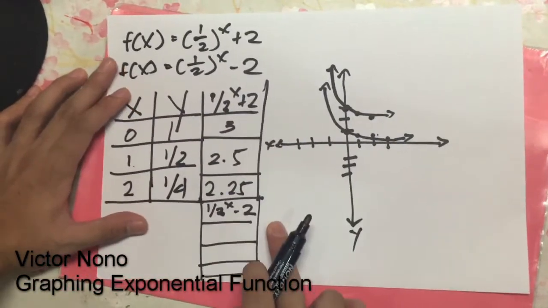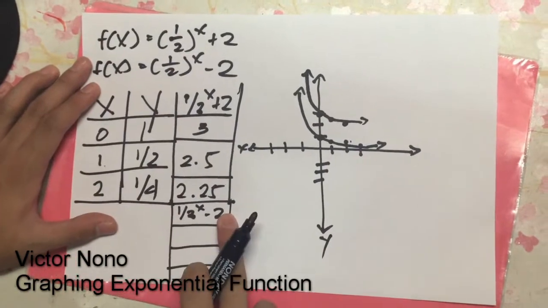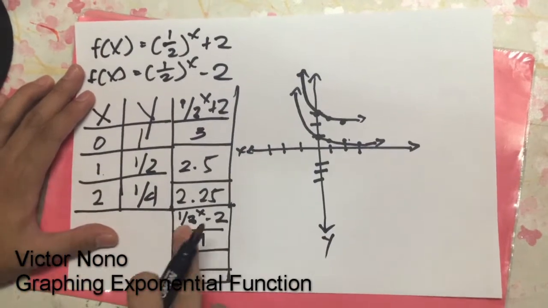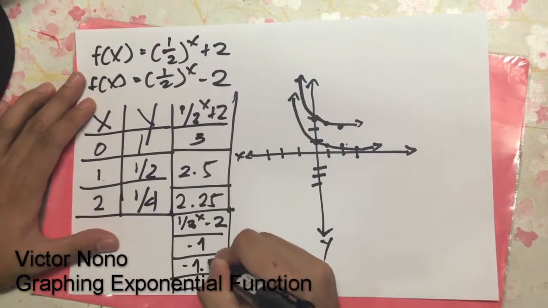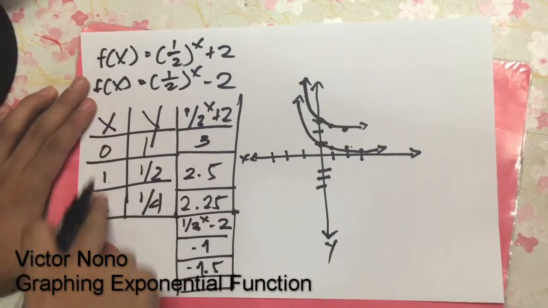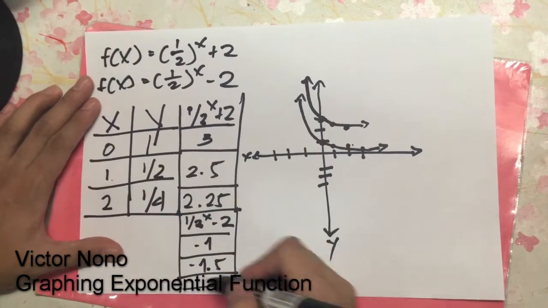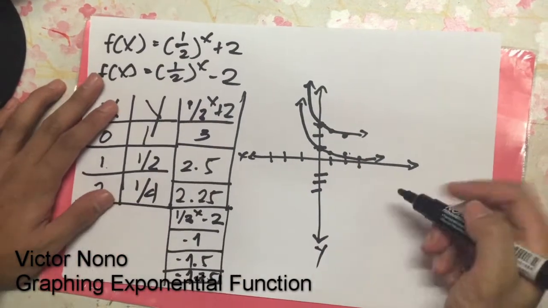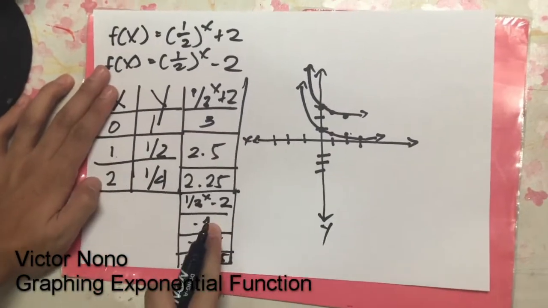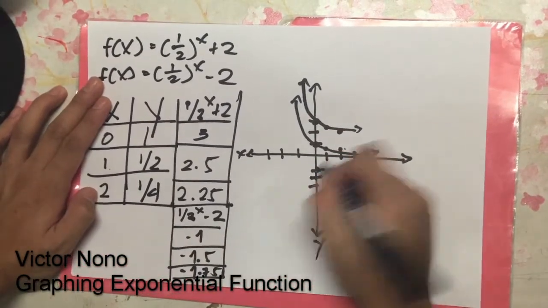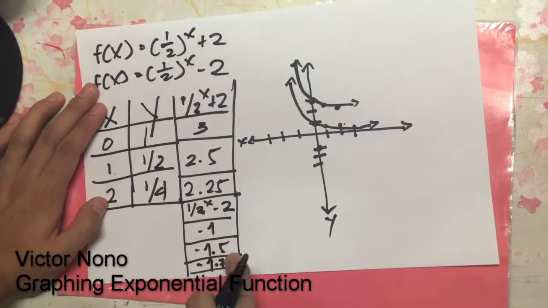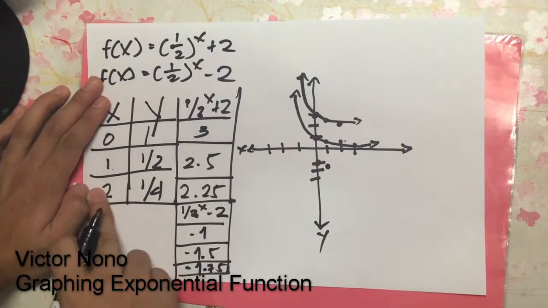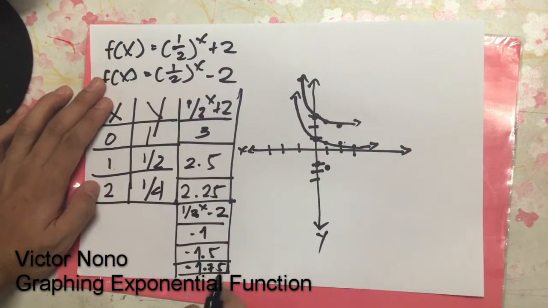So next, if you substitute 0 into this function, you will get -1. If you substitute 1 into this function, we will get -1.5. If we substitute 2 into this function, we will get -1.75. So let's graph 0 and -1; 1 and -1.5; 2 and -1.75.